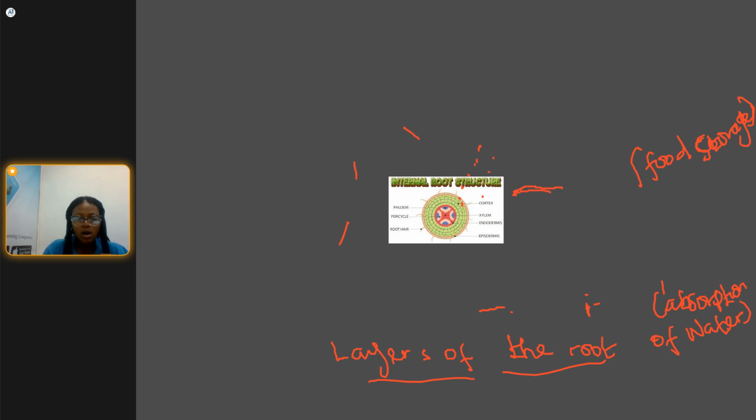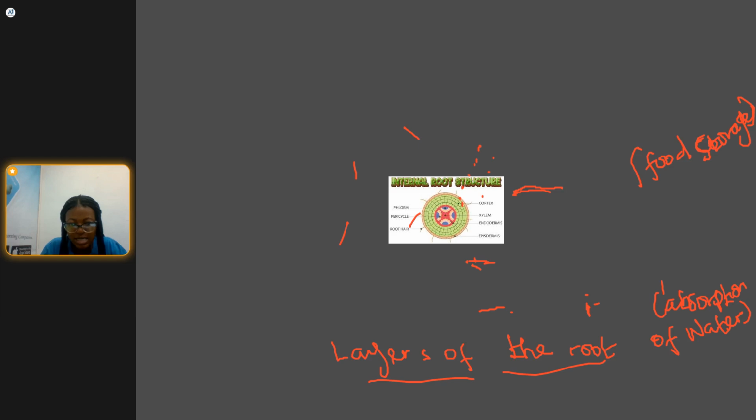Then we move to the next layer, which is the endodermis. Look at the endodermis there. Endo means inside. The endodermis is this layer. As you can see, this black point is the endodermis. What is the function of the endodermis? It helps to control the movement of water into the vascular bundles.